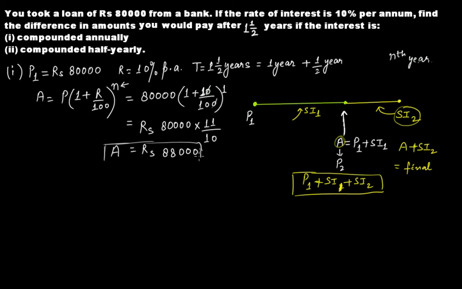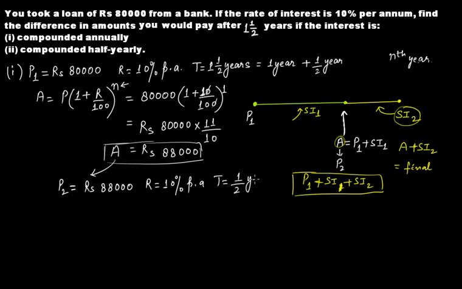Now this amount A will become the principal for the second period of half year. This is P2, the same A, rupees 88,000, and rate is the same, that is 10% per annum, and time period is half year.